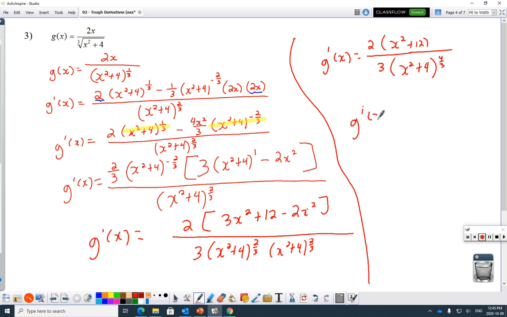And my final answer: 2 bracket x squared plus 12 over 3 cube root x squared plus 4, all to the power of 4. Let me just check those last steps to make sure I didn't make any mistakes there. Yep, yep, yep, yep. But I mean, you've got to have questions there. Or maybe not. Maybe if you stare at it long enough, you're like, oh, I see what you did there.